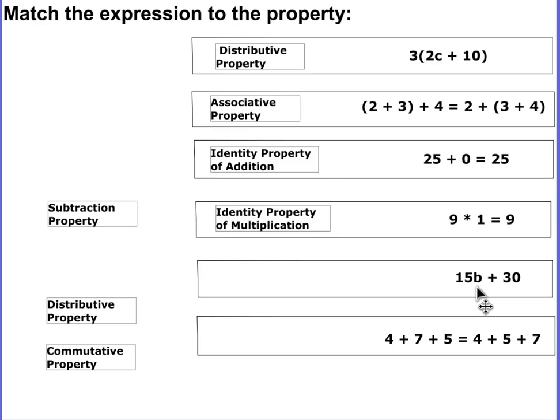But I'm looking again at 15 and 30, and I can pull out a factor of 5. And if I pull out that factor of 5, I would be left with this expression, this equivalent expression.